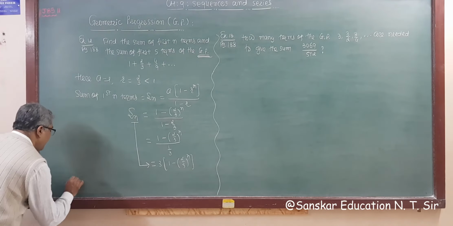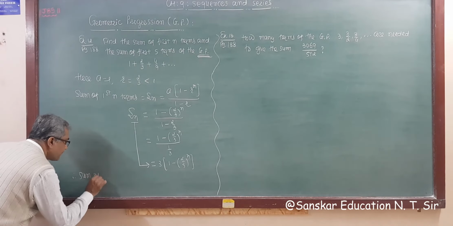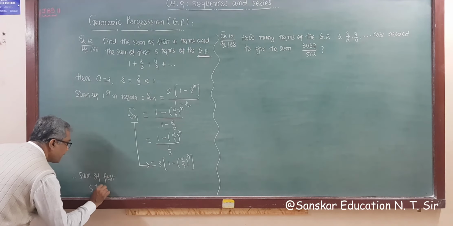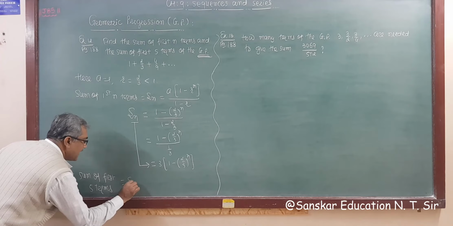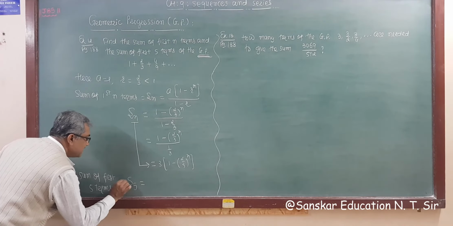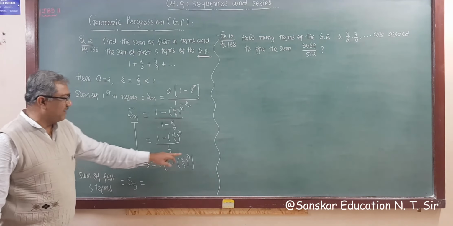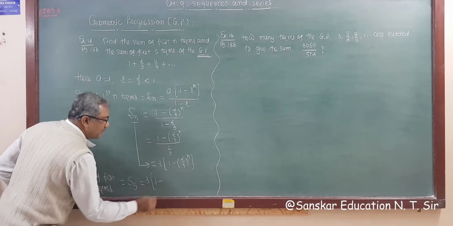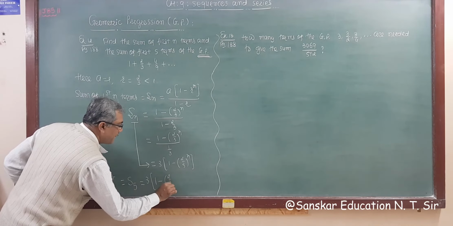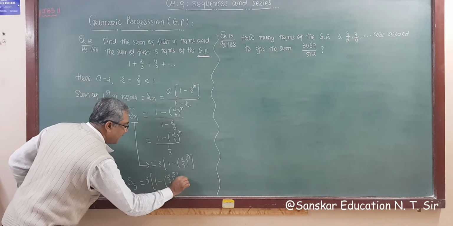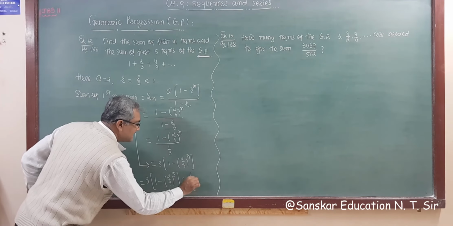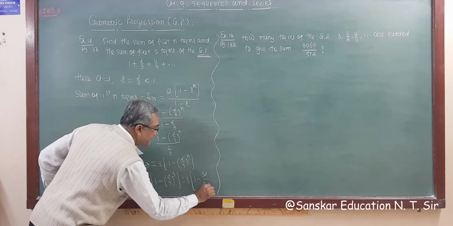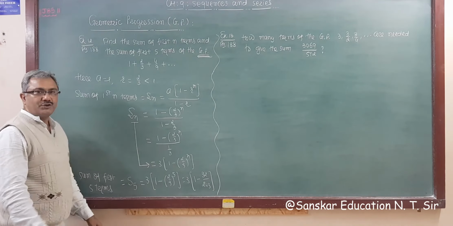So therefore the sum of the first 5 terms is S5, which means we simply have to substitute n equal to 5 here. So if we substitute n equal to 5, we get 3 into 1 minus 2 raised to 5, which is 32 upon 243, upon 243.